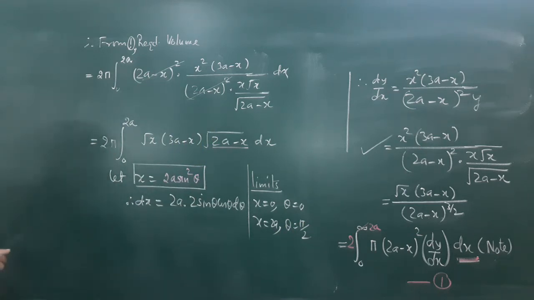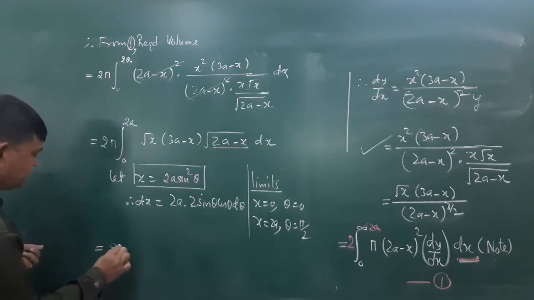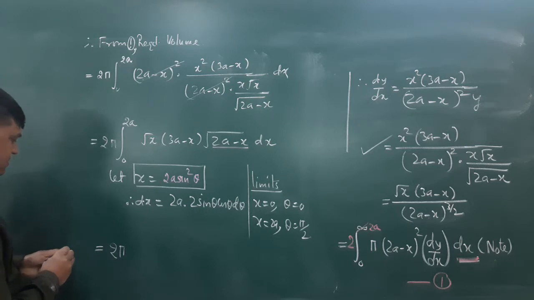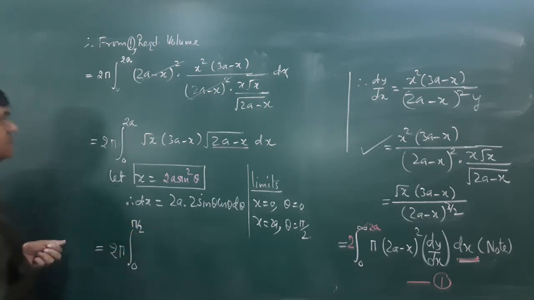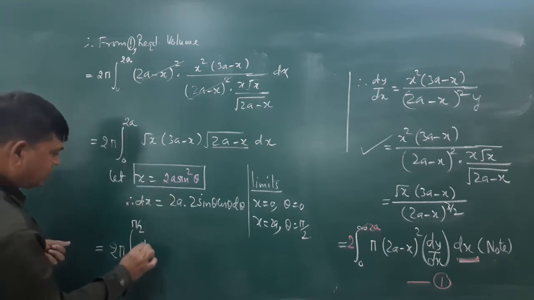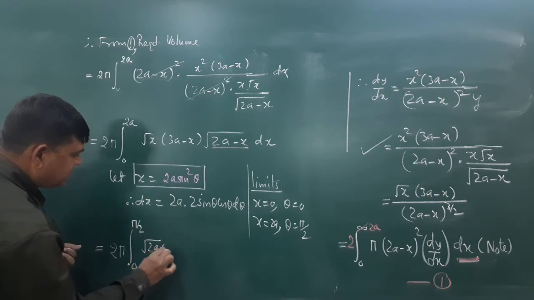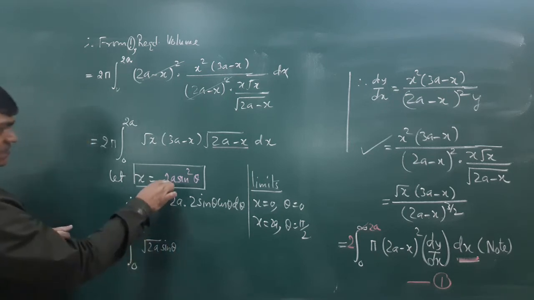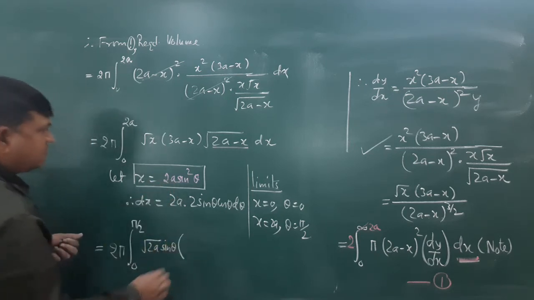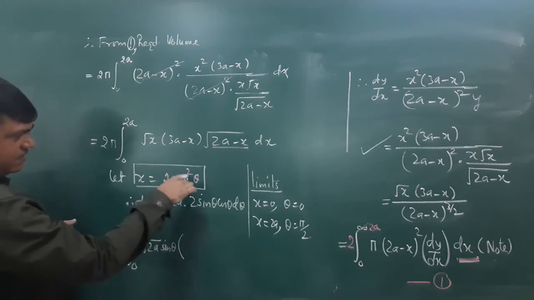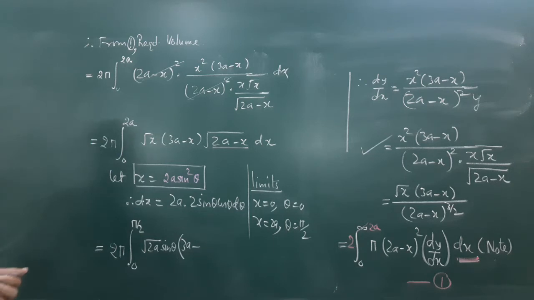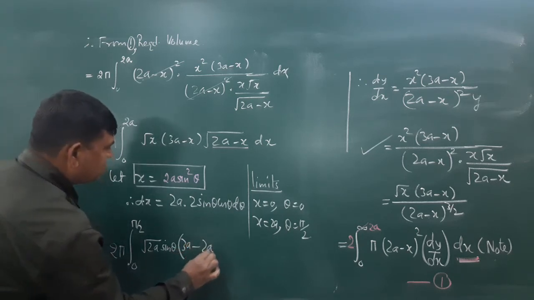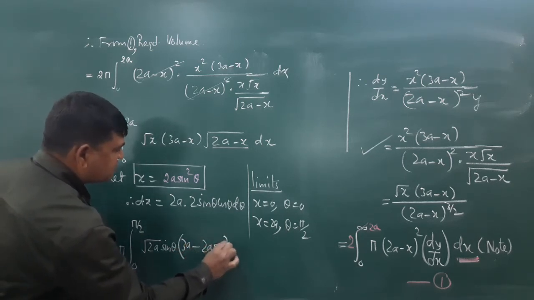So this is 2 pi, limit 0 to pi by 2. Root x means root of this, it is root 2a into sine theta. Remember this. 3a minus x means it is 2a sine square theta.